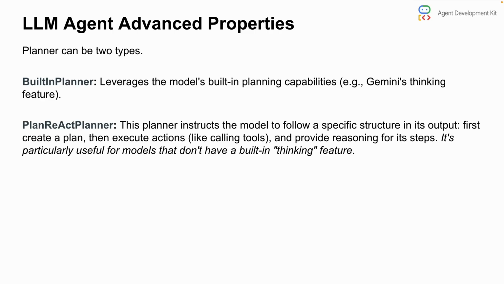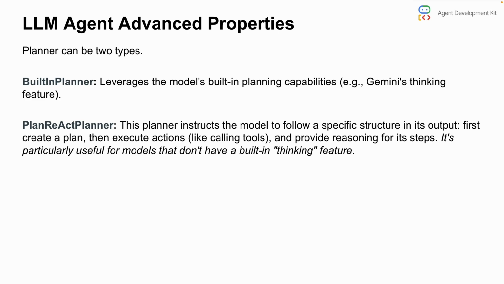Now the next important advanced property is the planner. A planner can be of two types: one is the built-in planner and the other is the plan-react planner. The built-in planner leverages the model's built-in planning capabilities, like Gemini's thinking feature. The plan-react planner instructs the model to follow a specified structure in its output: first create a plan, then execute actions and provide reasoning for its steps.